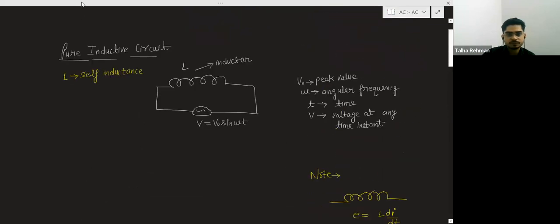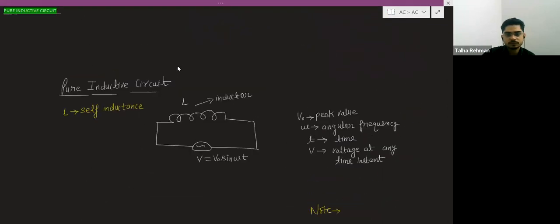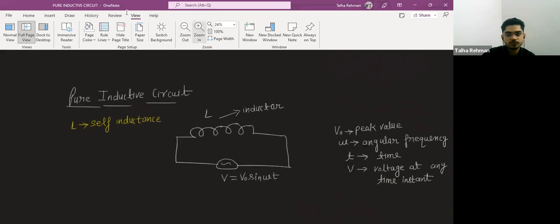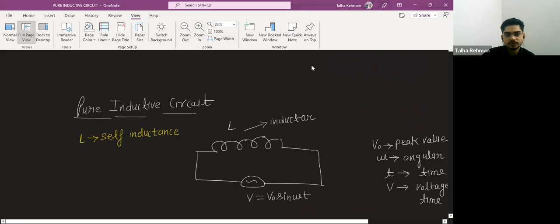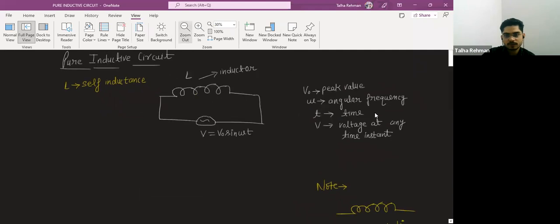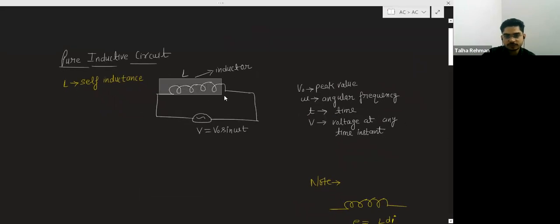So this is your purely inductive circuit. This is your inductor, connected with an alternating voltage source, and L is representing the self inductance of the inductor. V naught is the peak value, omega is the angular frequency, t is the time, and V is the voltage at any instant of time.